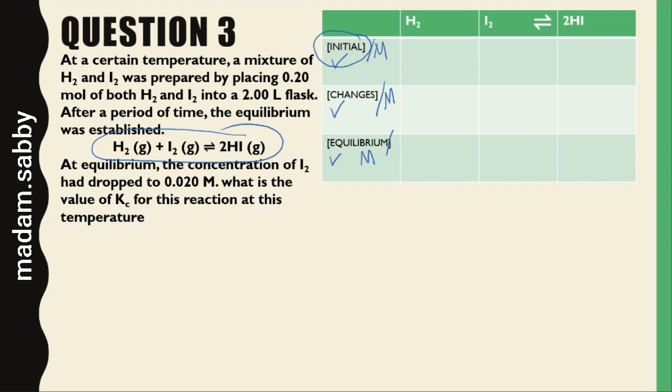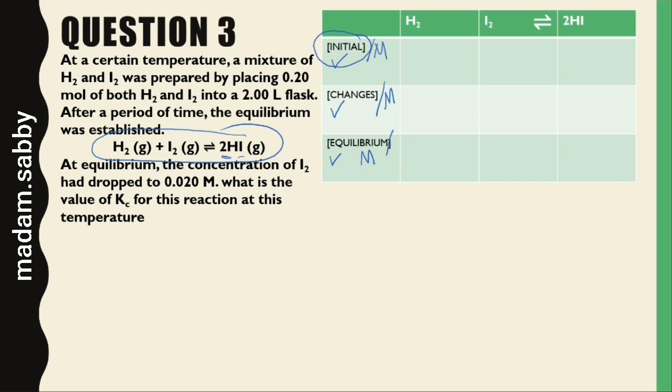So let's check. We have 2 atoms of hydrogen in the reactant and 2 atoms of hydrogen in the product. We have 2 atoms of iodine in the reactant, and 2 atoms of iodine in the product. So your chemical equation given is already balanced.